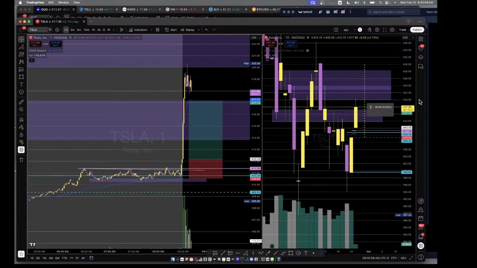Question is, is it within my strategy to get in at the open without a retest? Well, it's a momentum.